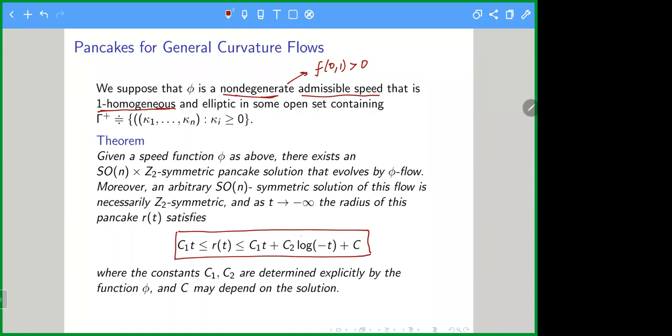The next term is a log term, and the one after that I can bound by a constant. C1 and C2 are not just general constants; you can actually work out exactly what their values are based on the speed function that you're talking about.